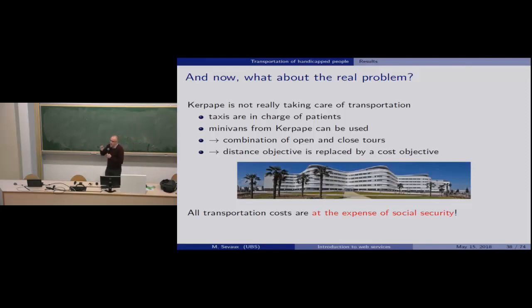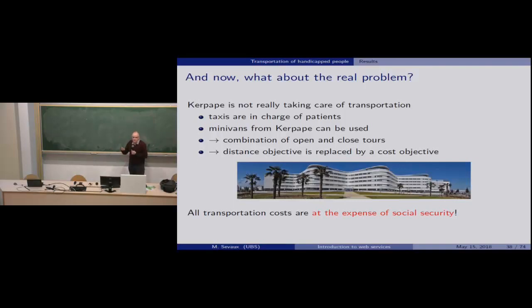So then we came back to the real problem. The problem is that when we started talking with the care center, we met first some people in an electronic lab there, and then we met the people responsible for logistics, and then we met the head of the medical unit, and then we understood that the collaboration was going to be stopped for political or financial reasons or for unknown reasons.